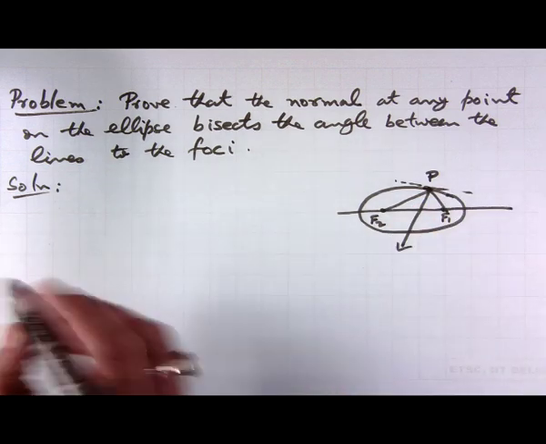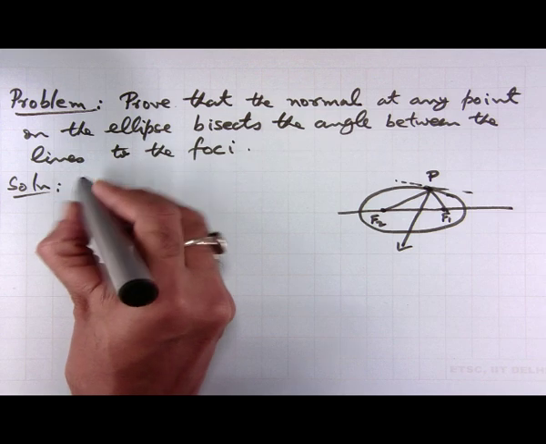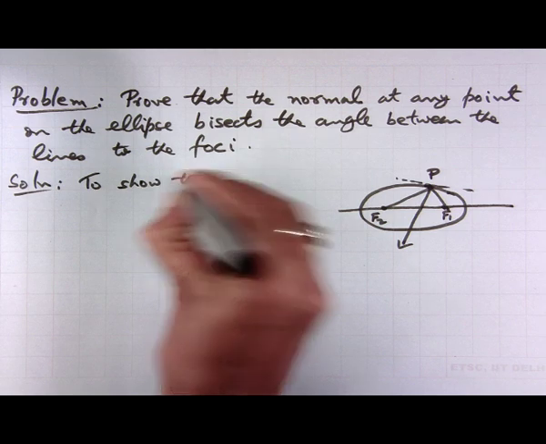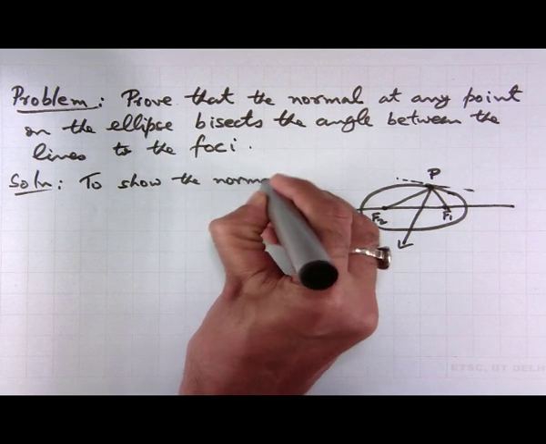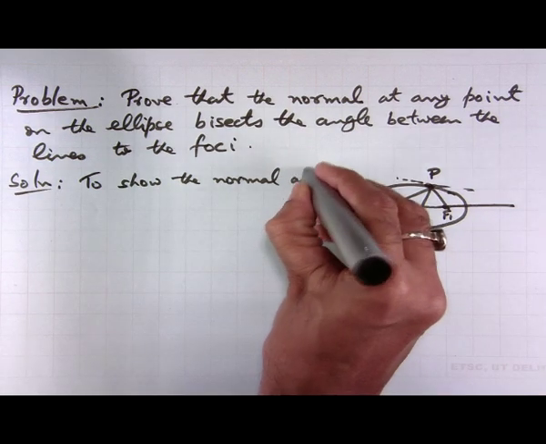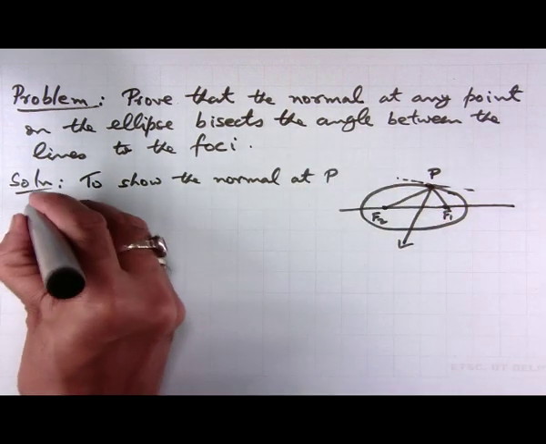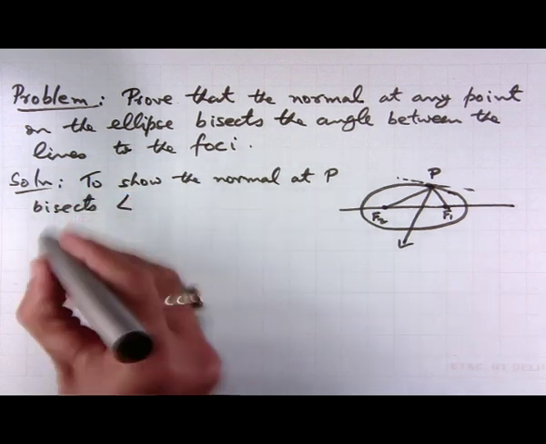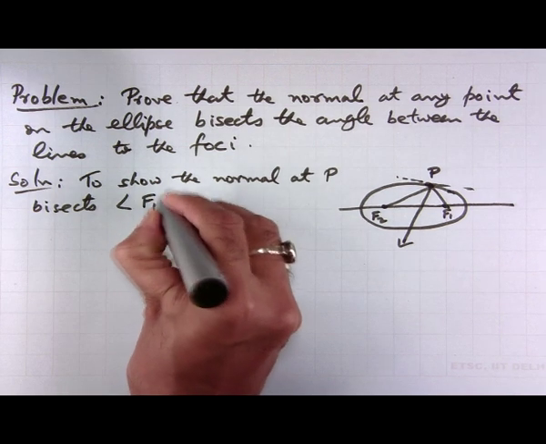So, to show the normal at P bisects angle F1 P F2.